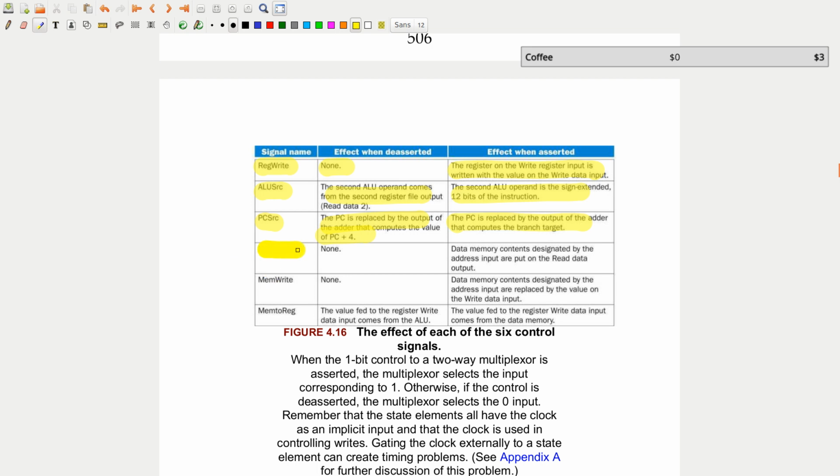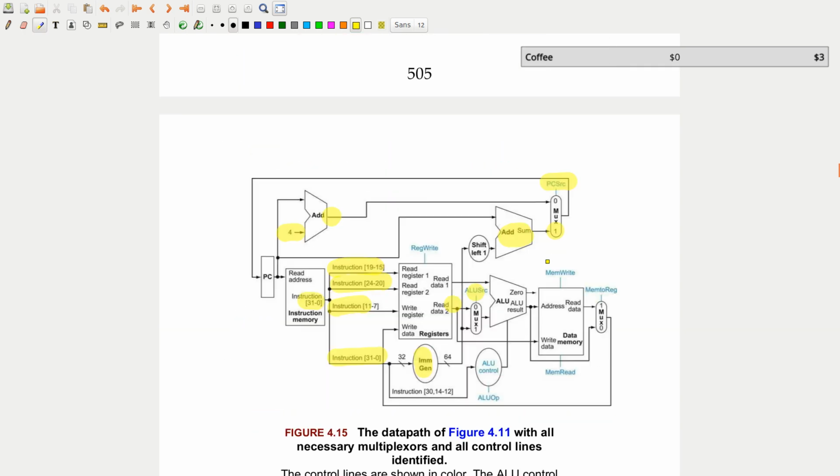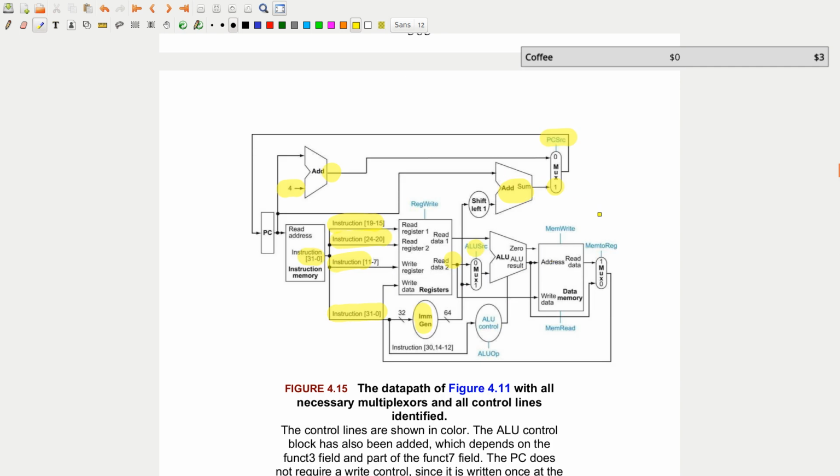Now, memRead and memWrite, neither of them do anything if they're 0. However, if memRead is asserted, or 1, the data memory contents designated by the address input are put on the read data output. And when memWrite is 1, the data memory contents designated by the address input are replaced by the value on the write data input. So let's look here. This just says if memWrite is 1, then whatever value coming in here is written to memory.